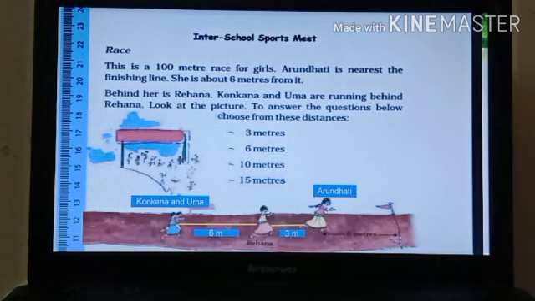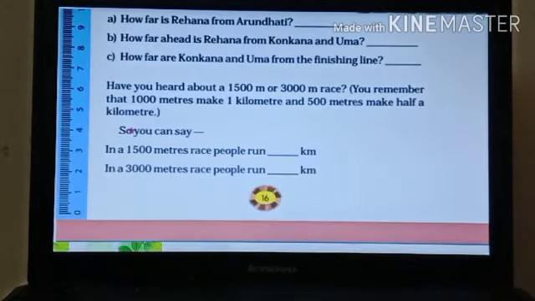Half of 6 meter is 3 meter. So Rihanna is 3 meter from Arundhati. Understood, students?